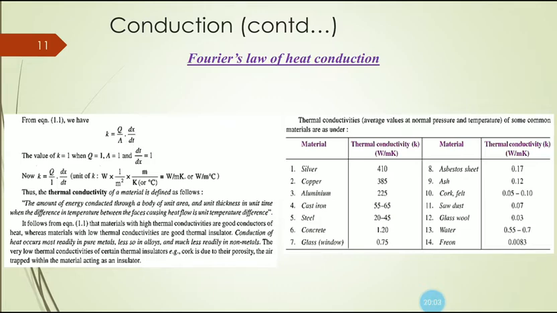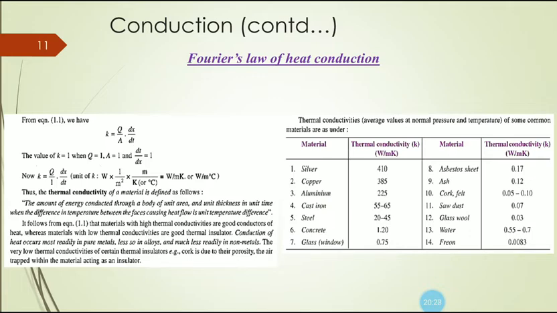After one or two steps we will get the unit of k as watt per meter Kelvin or watt per meter degree centigrade. So from this concept we can write the definition of the thermal conductivity, which is the amount of energy conducted through a body of unit area and unit thickness in unit time when the difference in temperature between the phases causing heat flow is unit temperature difference.